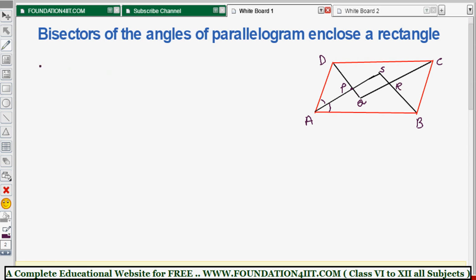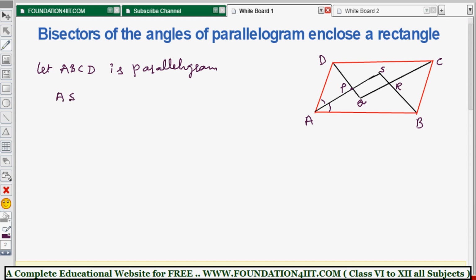So let's start. So here ABCD is a parallelogram, and AS and CQ.